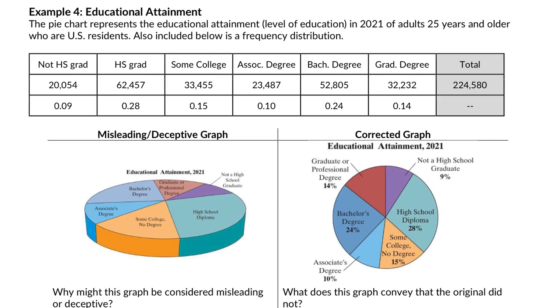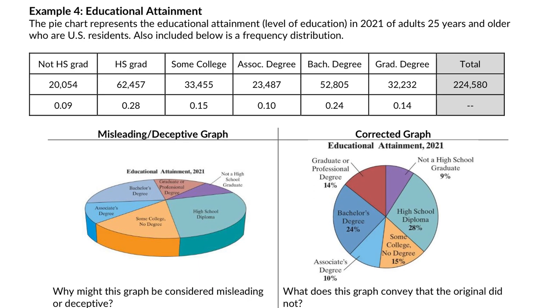Example 4, educational attainment. The pie chart represents the educational attainment, which is the level of education, in 2021 of adults 25 years and older who are U.S. residents. They surveyed this many people, and this was the highest amount of schooling that they went to.